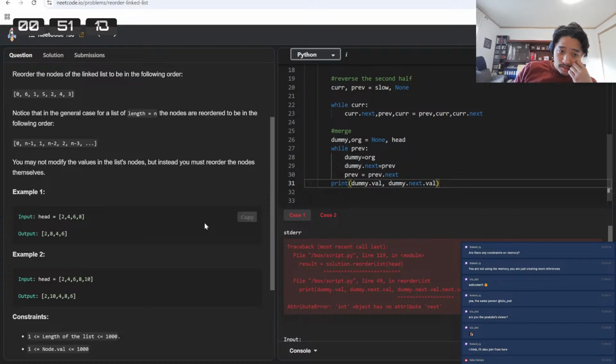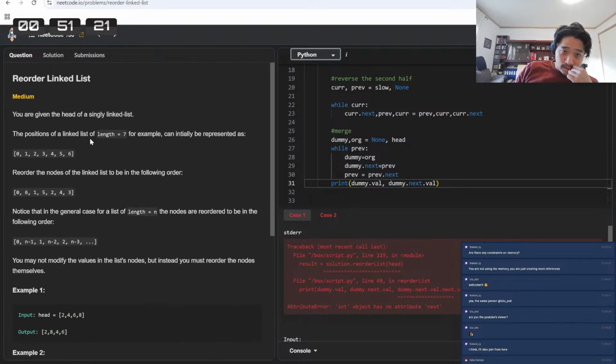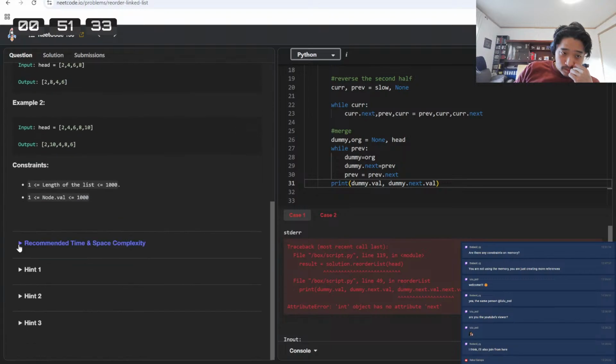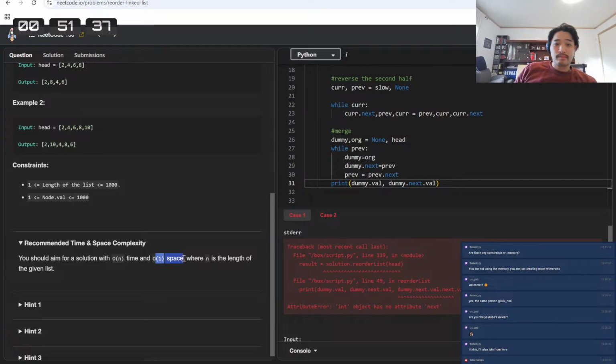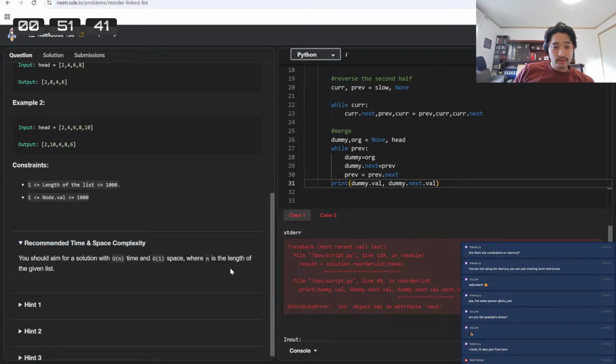Are there any constraints on memory? Not that I can see. Yeah, the recommended is constant space.